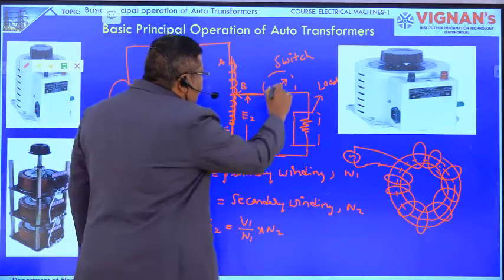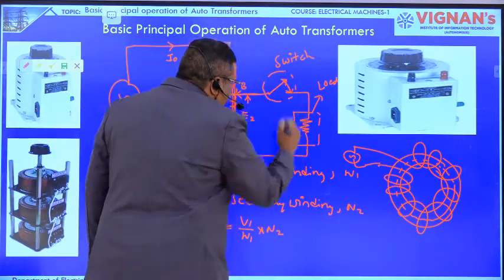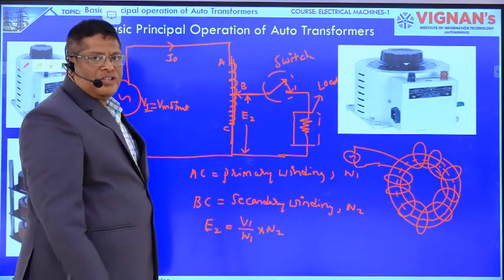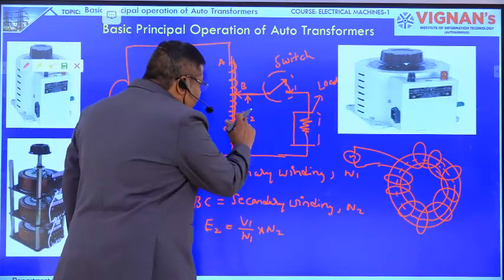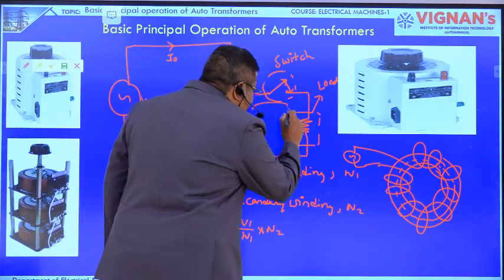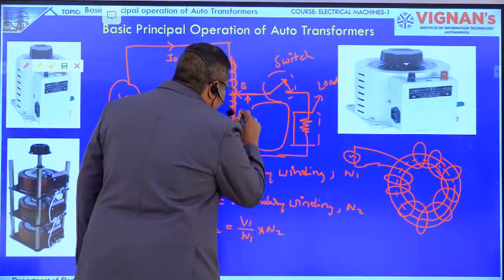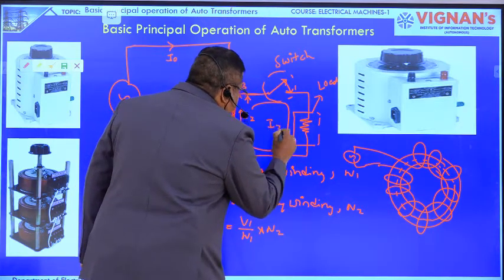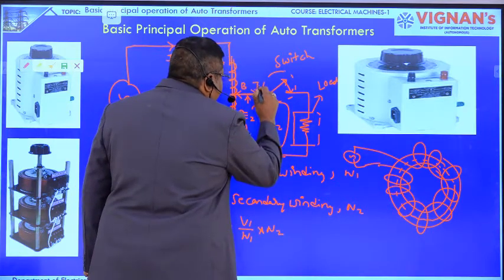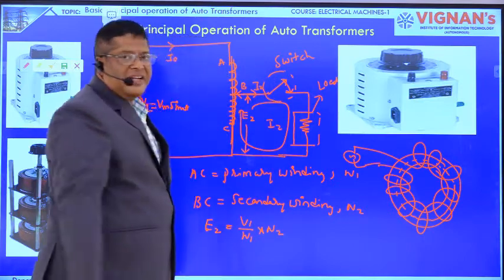Whenever we close the switch here, now what is the voltage here? This voltage sends a current in this manner. This current is nothing but I2, the secondary current.